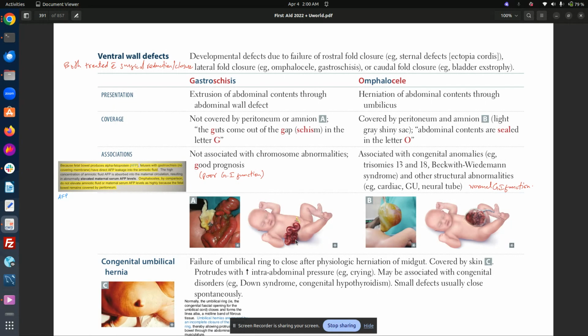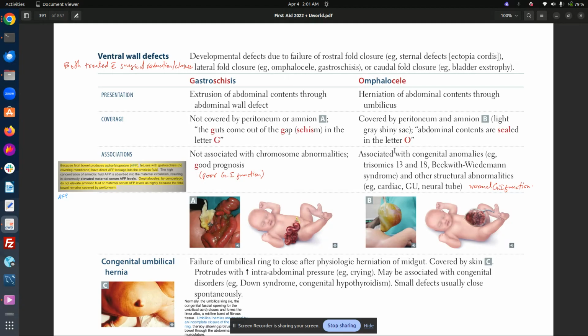Okay. In contrast to gastroschisis, in omphalocele there is an extrusion of abdominal contents through the umbilicus. You can see, through the umbilicus. Okay. This defect is through the midline, not through the right of the midline or the right of the umbilicus.